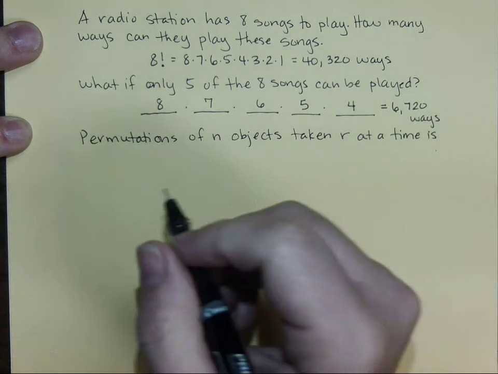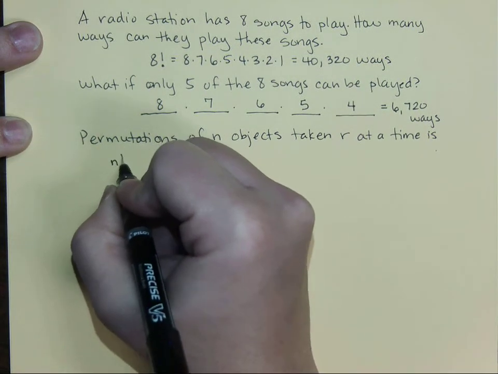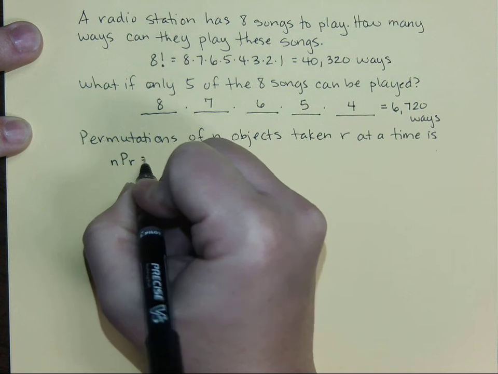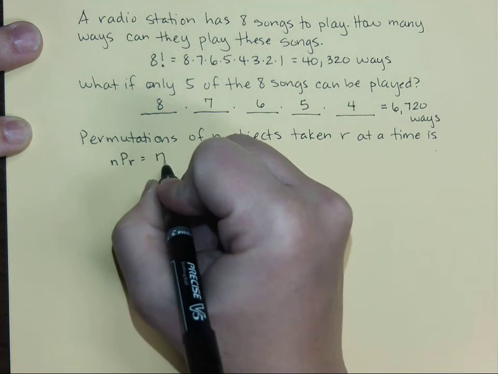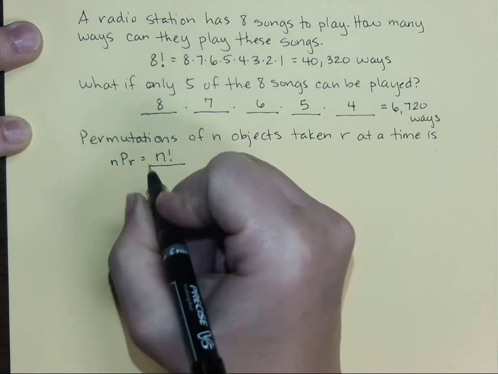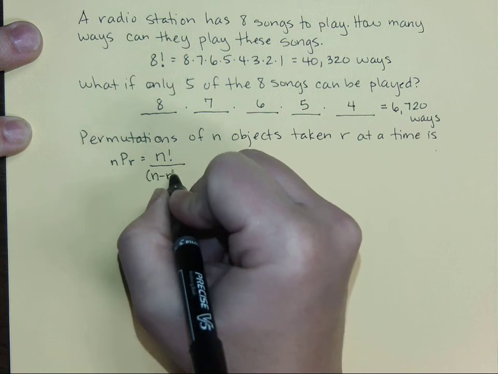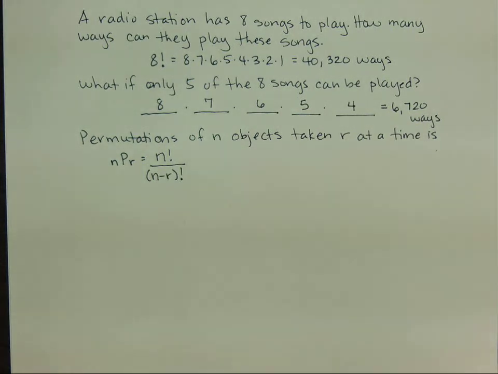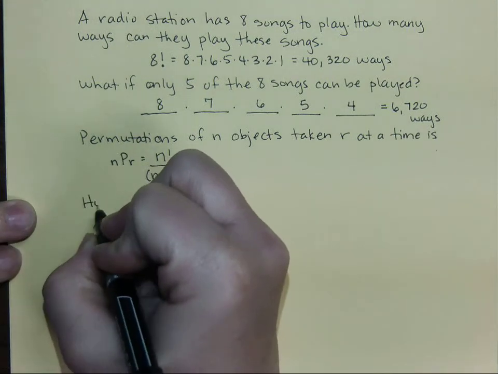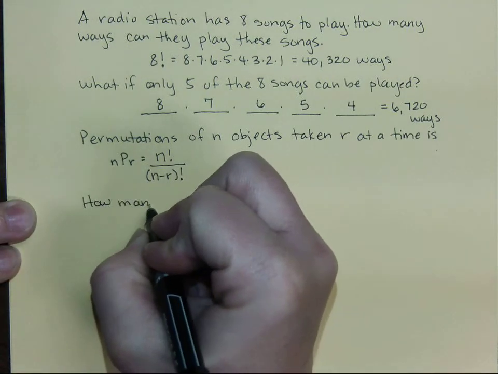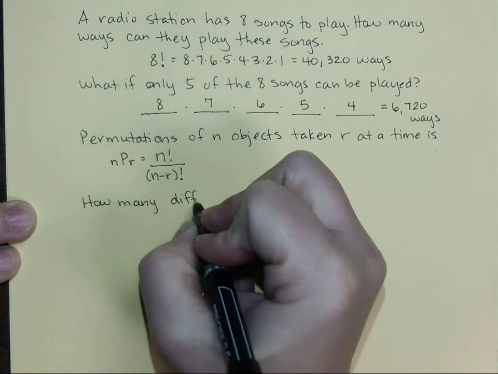So we get this formula. We call it nPr. And that's the formula n factorial divided by n minus r factorial. And what this is going to do is allow us to take chunks or have options.